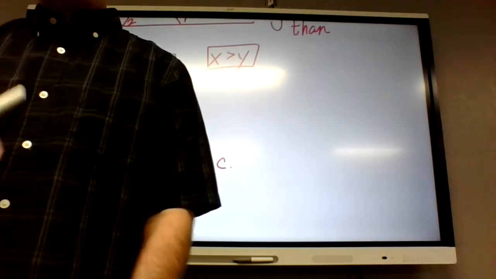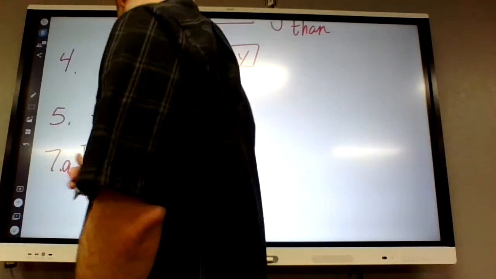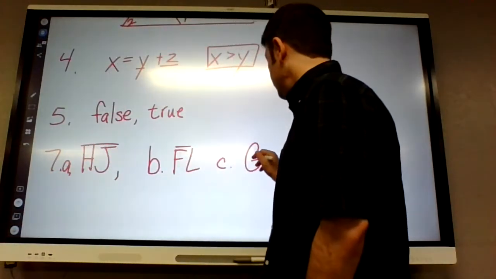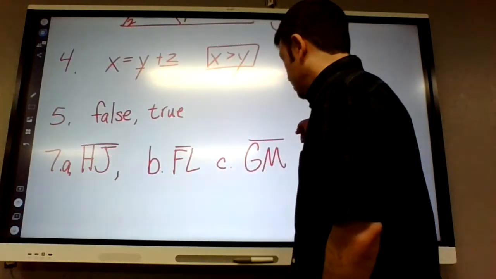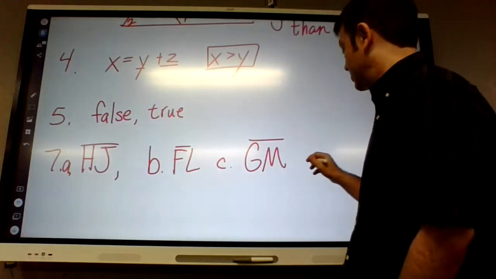Median goes from the vertex to the middle, so it's GN. Kyle, which one would be the perpendicular bisector?